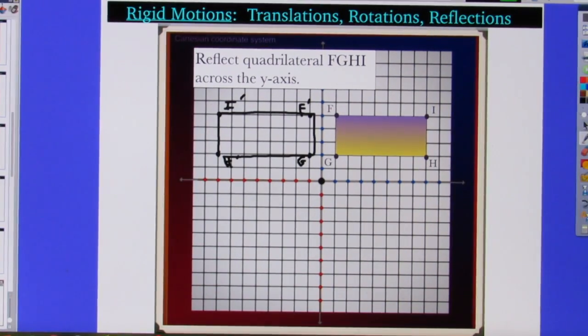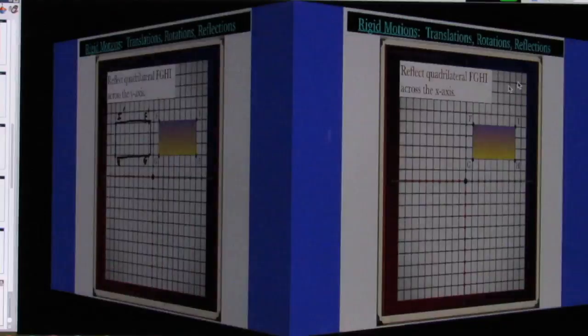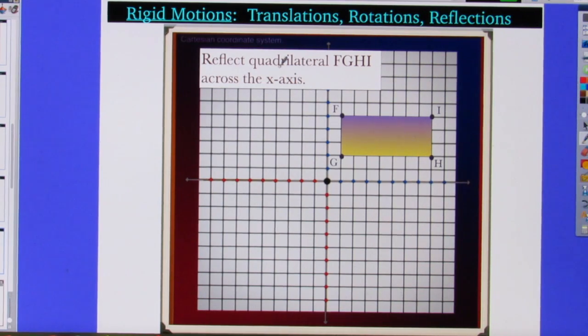I am going to move to the next page, and we'll try another one. This time it tells me to reflect the exact same rectangle, but this time across the x-axis. So I think about it, this is my y-axis, this is my x-axis, so it's going to flip down into the fourth quadrant. Same strategy though, it's not on the line or overlapping the axis, so G is 2 above, so G prime will be 2 below.